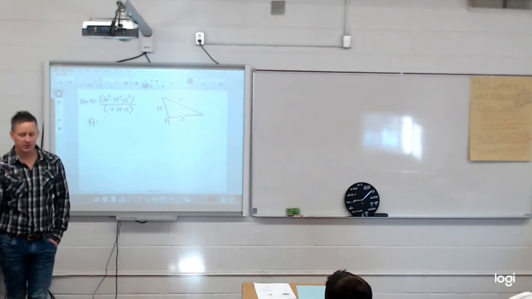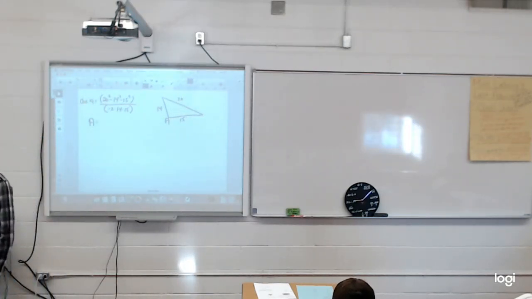So second function cos, open your brackets up. 20 squared minus 14 squared minus 15 squared, close the bracket, divide, open bracket, minus 2 times 14 times 15, close the bracket, close the bracket.